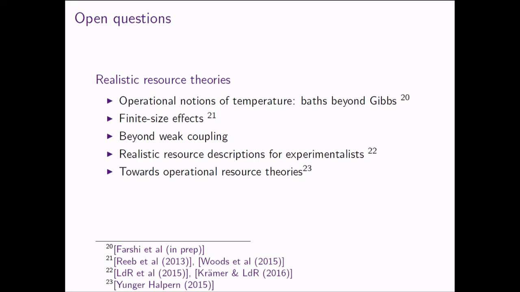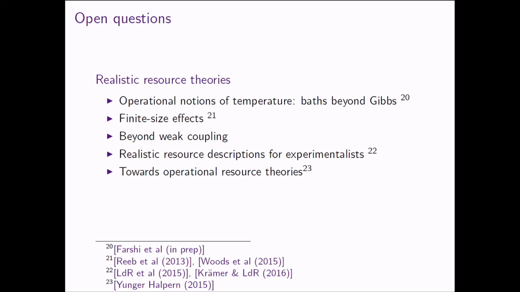So the general message of this section of open questions is go talk to experimentalists and ask them what is important for them, and then build your models from there, not the other way around.